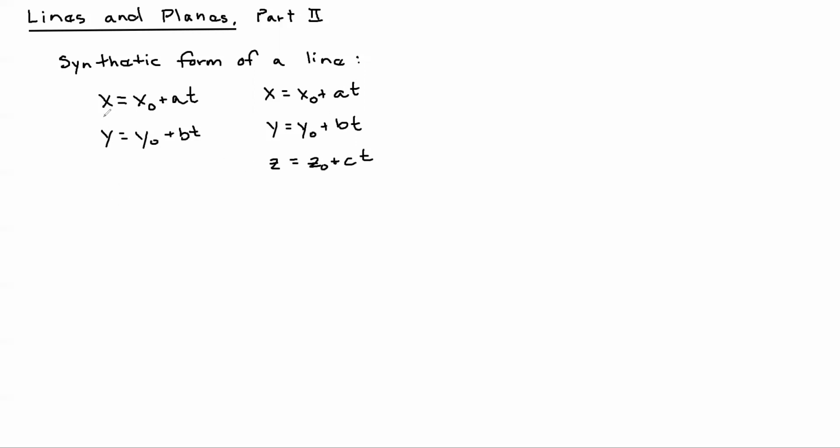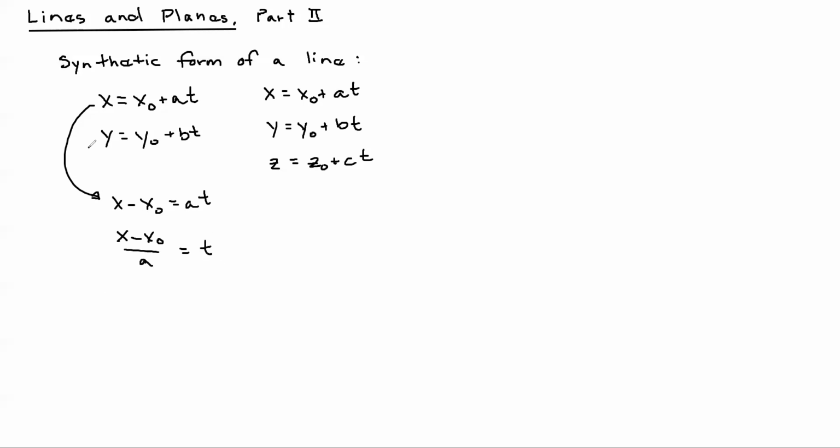So let's just go ahead and do that. If we solve for t in the first equation, we get x minus x naught equals at, and then x minus x naught divided by a equals t.